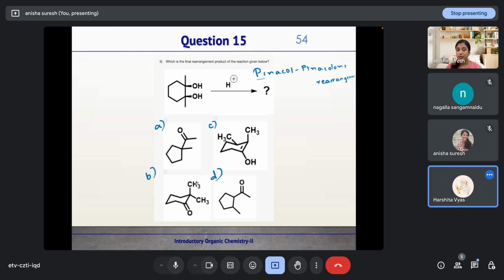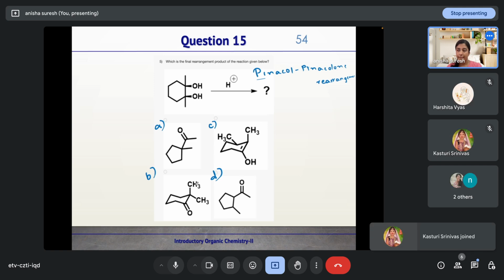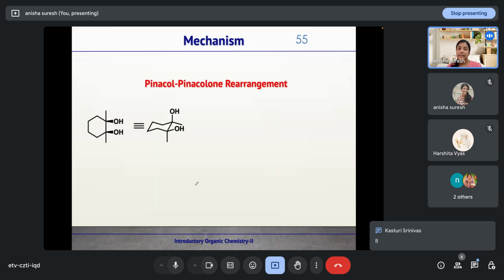Option B. No. Try to draw the conformation and see. Option B is the right answer. So we will see the mechanism.